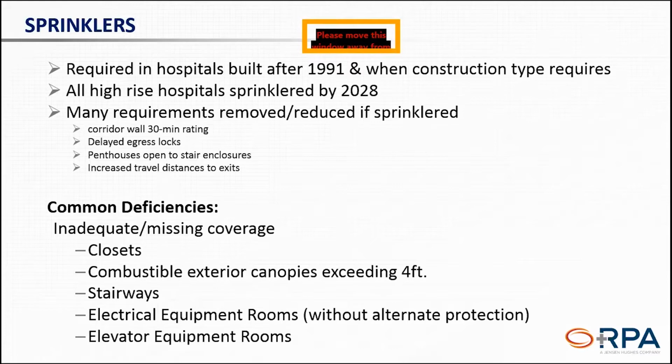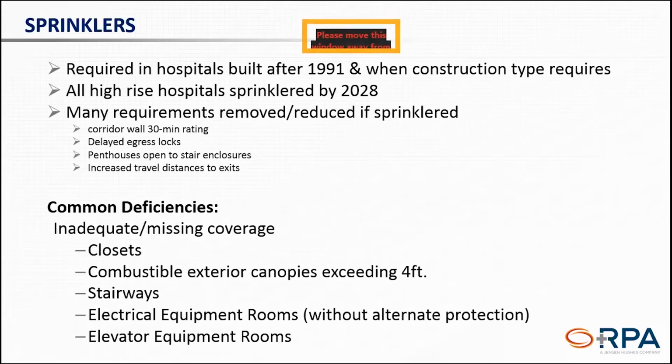prohibit sprinklers. Most of the time, what we see in jurisdictions is they permit the omission of sprinklers in the elevator equipment rooms. So that's a bit of a different verbiage, isn't it? It's not that we prohibit them; you're allowed to omit them. Well, CMS doesn't allow that.